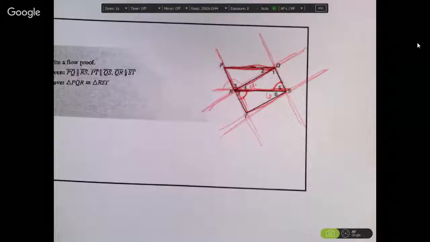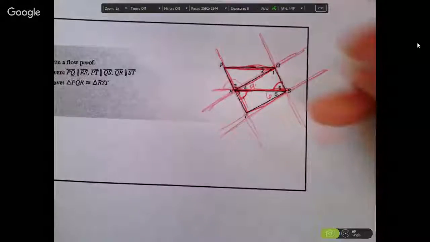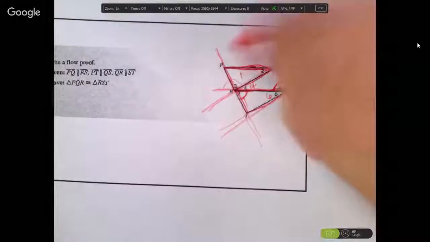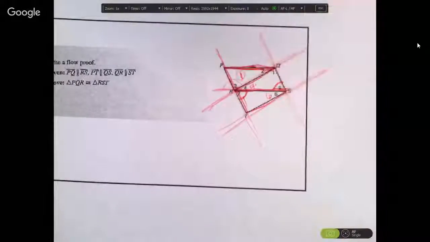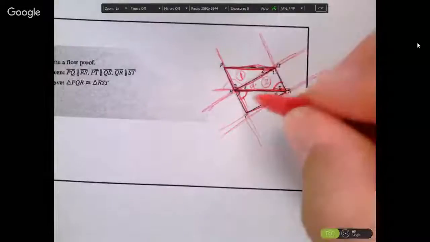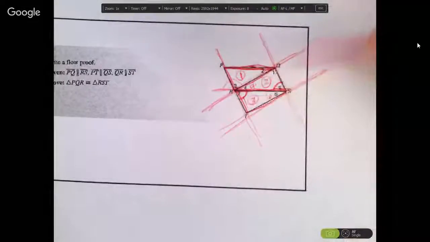So if I can prove that this triangle here is congruent to this one, and then I can prove that that's congruent to this one, then I can say 1 is congruent to 3. So let's try it. Looking at just the first 2 triangles, I'm just looking at triangle 1 and 2.